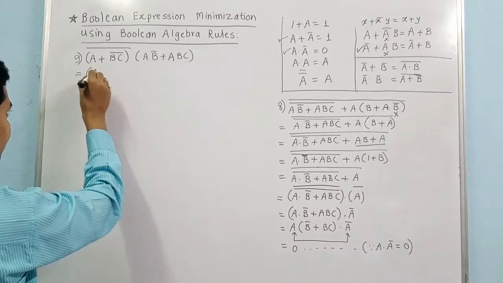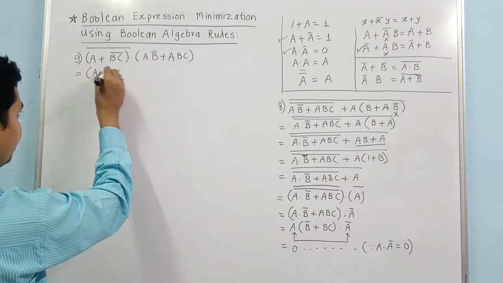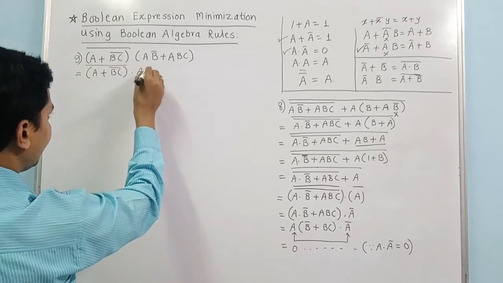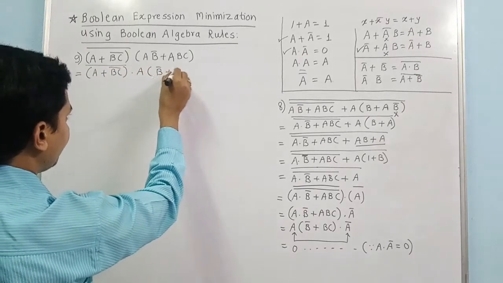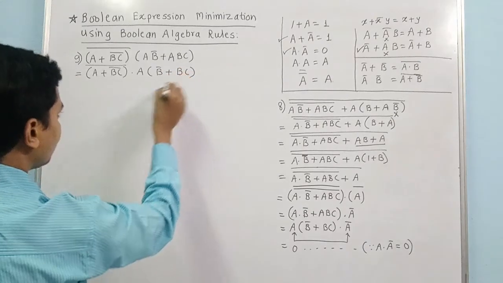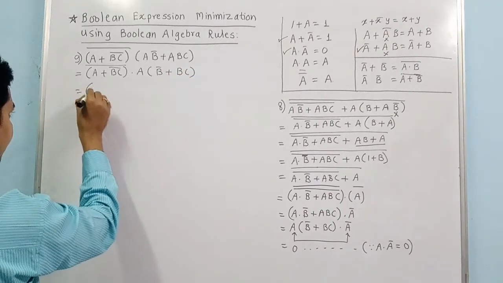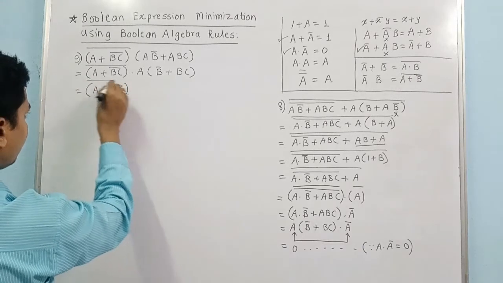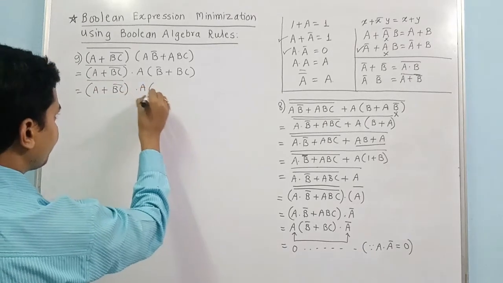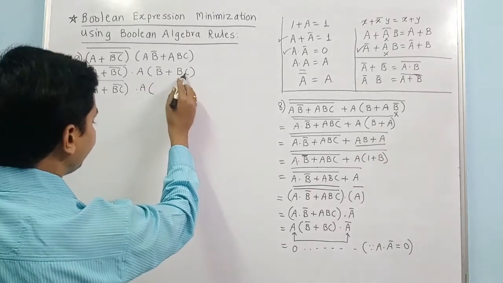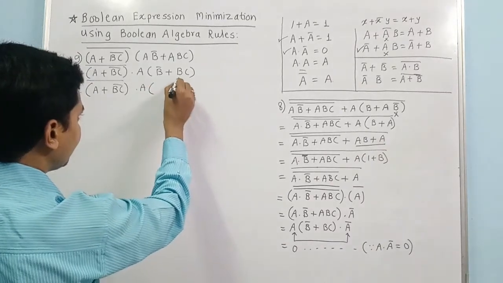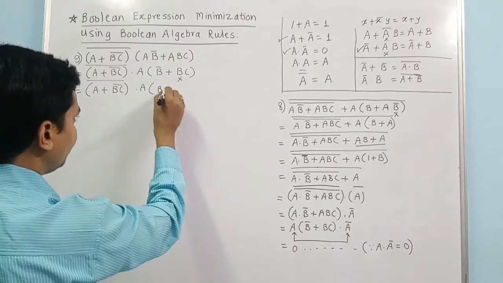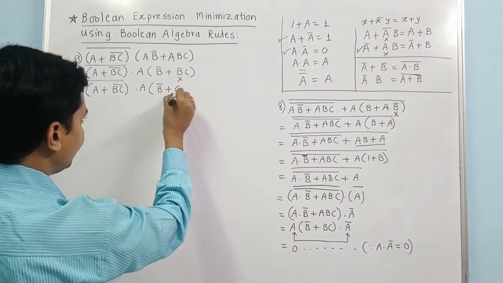So expression will be a plus bc bar first bracket bar into a b bar plus bc. Okay, so the expression can be solved as a plus bc bar whole bar into a. So here b bar plus bc can be reduced, b will be cancelled from the redundant literal rule, so b bar plus c.